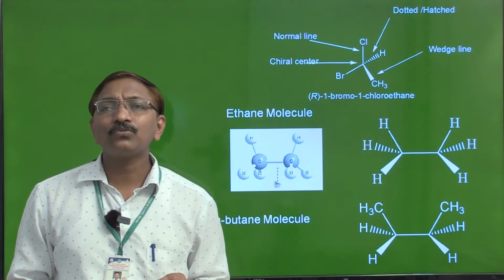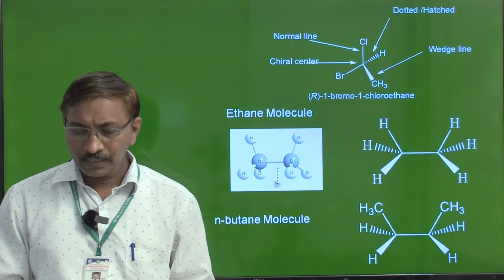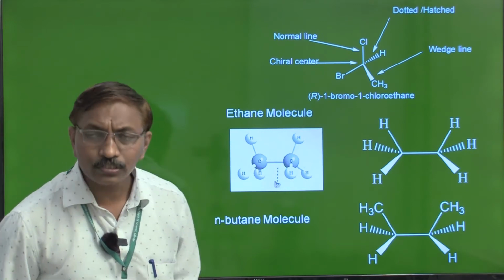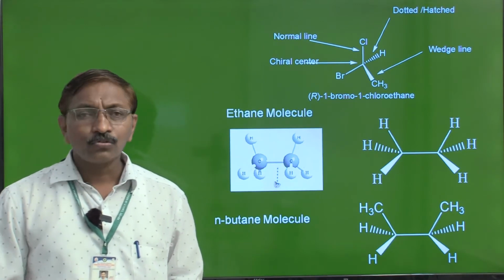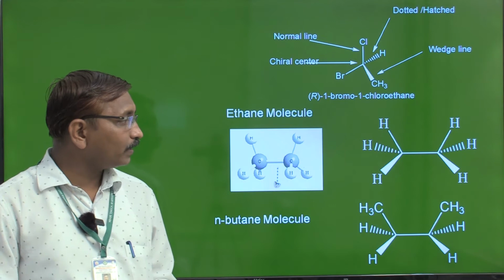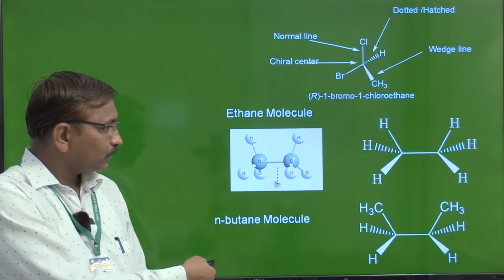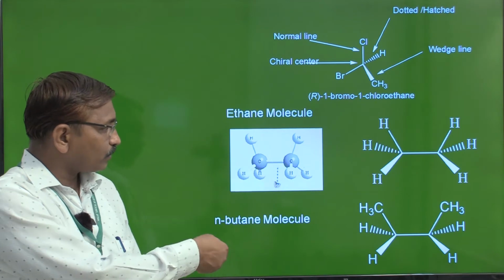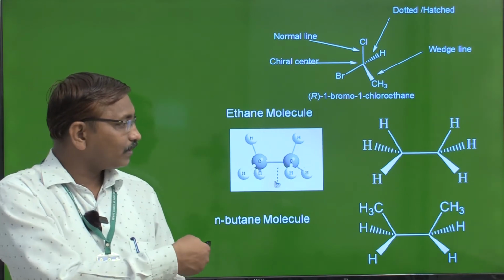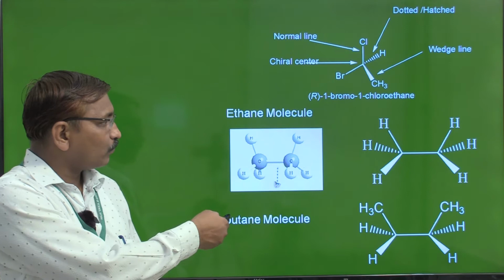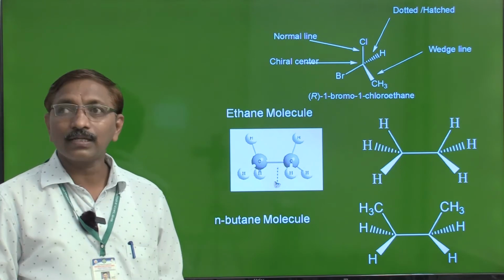Suppose here we take 2 simple molecules like ethane and butane. Everyone knows that ethane has the formula C2H6. Here 2 methyl groups are attached through the covalent bond. This is the view of the observer. In this case they can be represented by a ball and stick model. There are 3 hydrogen atoms on each carbon.